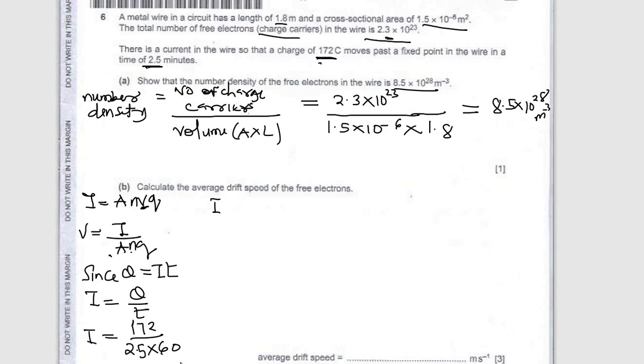And to write the current clearly, the current is 1.147 amp.